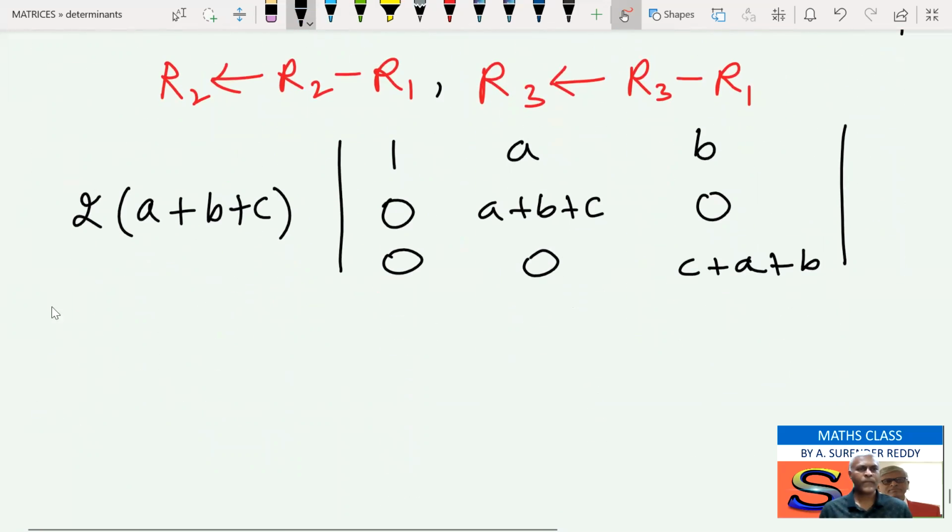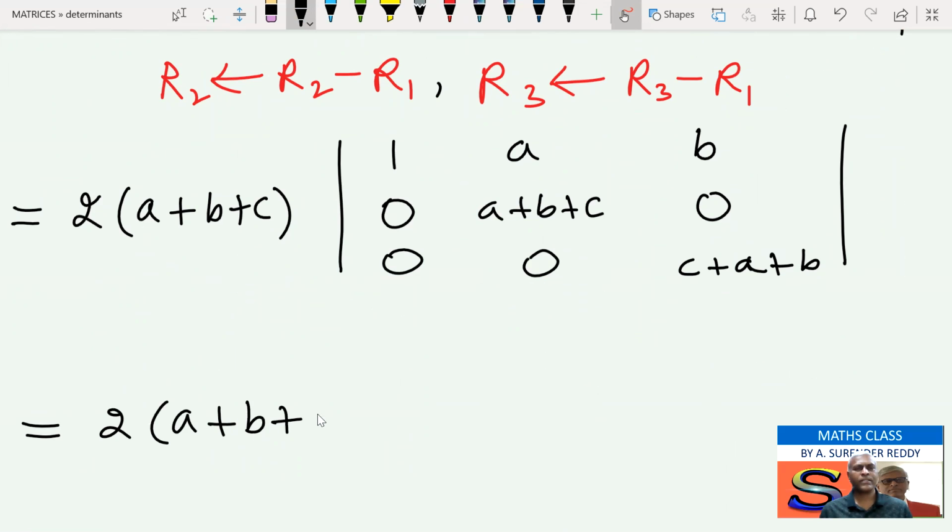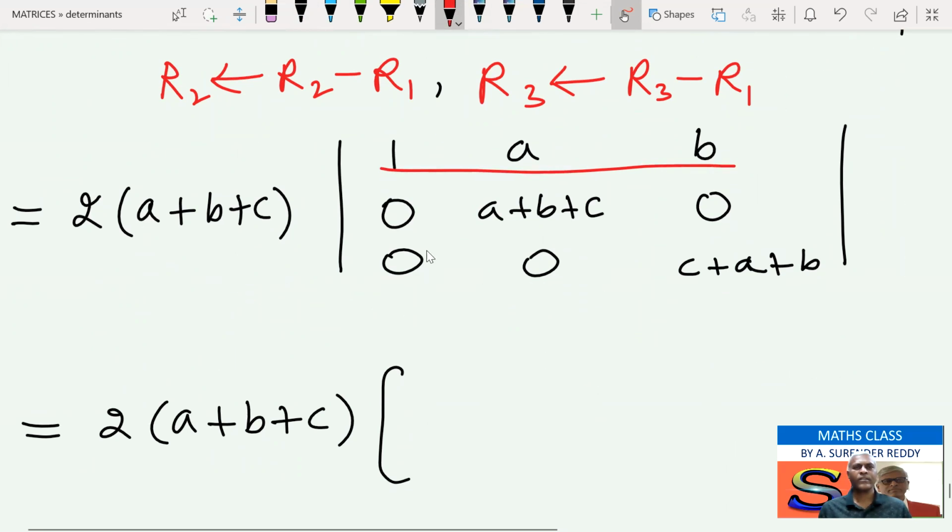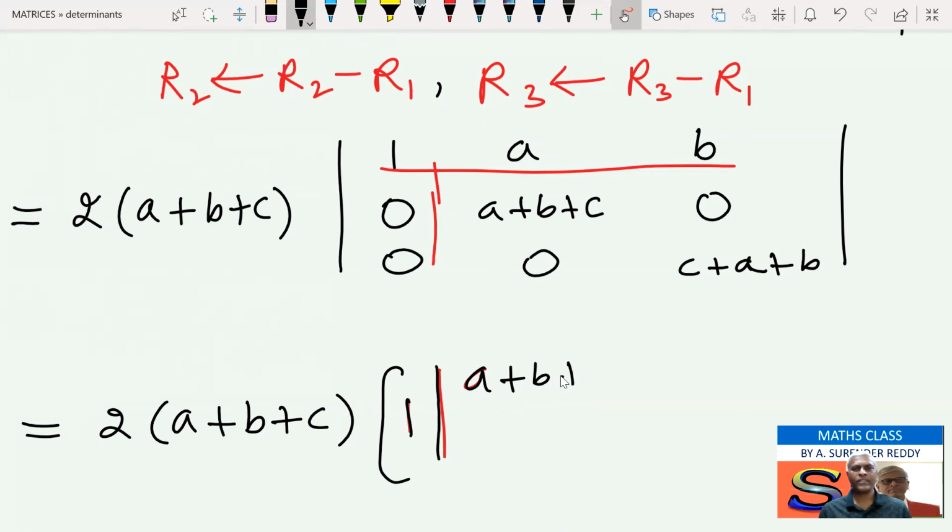Now, two into A plus B plus C. So finding the determinant: 1 into the remaining 4 numbers, A plus B plus C, 0, 0.